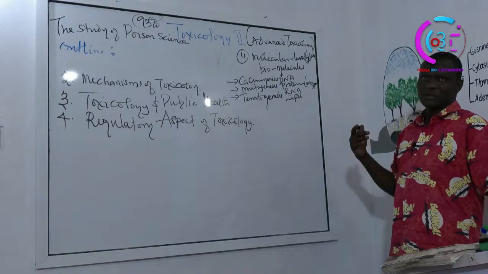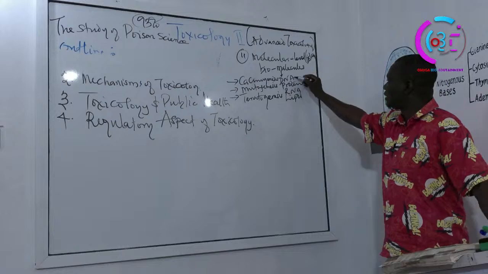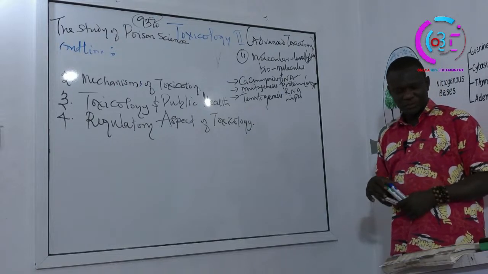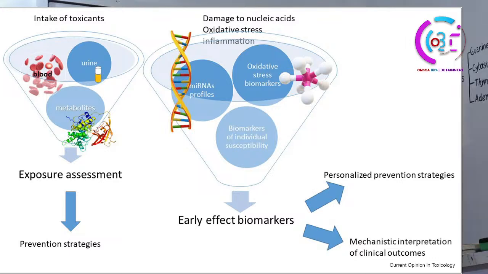For example, intercalation of certain compounds on DNA, and anything that has an effect on DNA, we know that it is going to be genetic at the end of the day. Apart from leading to cancer or initiation of carcinogenesis, mutagenesis or teratogenesis, biomolecular level disruption will also lead to certain pathologies, that is, disease conditions. So that can trigger that as well.